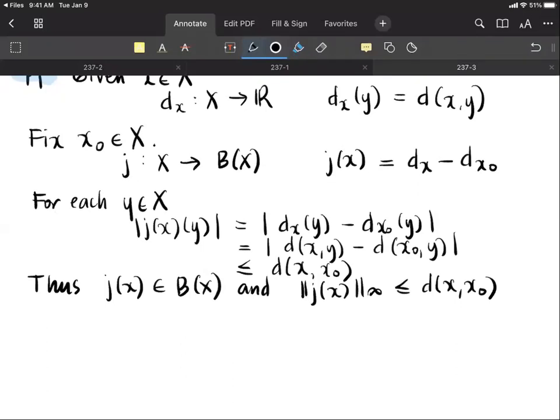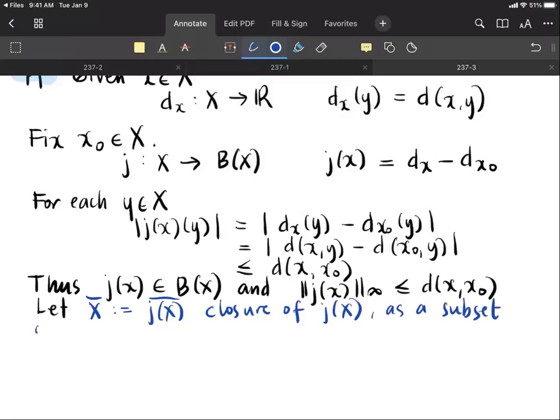Now, let us define X bar to be the closure of the image, so this is the closure of J of X as a subset of the complete metric space, or Banach space, V sub X. Or we could say that this is a subspace, to be more precise.